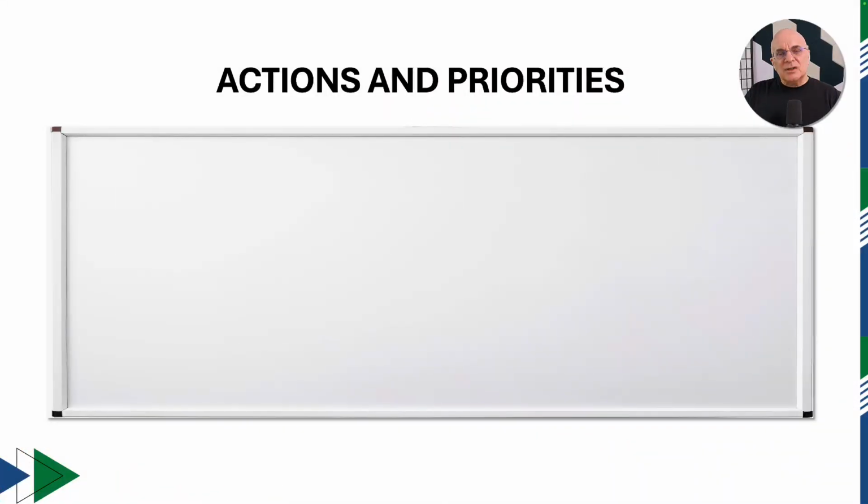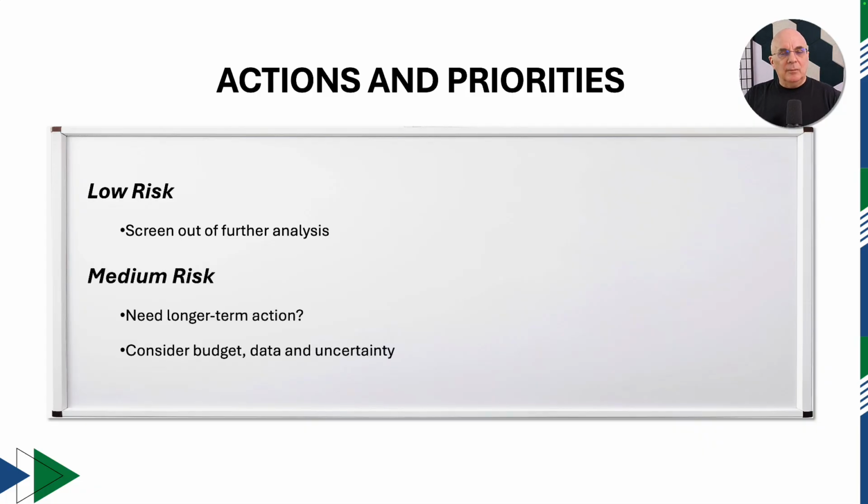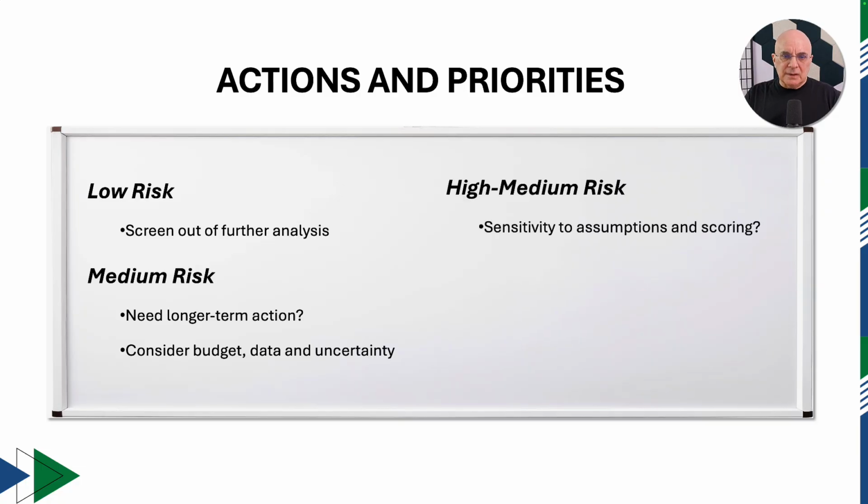So we think about actions and priorities that come out of all of this. So low risk, we would typically screen out for further analysis. We're saying, for now, these are not of concern. Medium risk may need some longer term action. We may consider budgets and the uncertainties associated with those events. High medium risk may be sensitive to the assumptions and scoring.